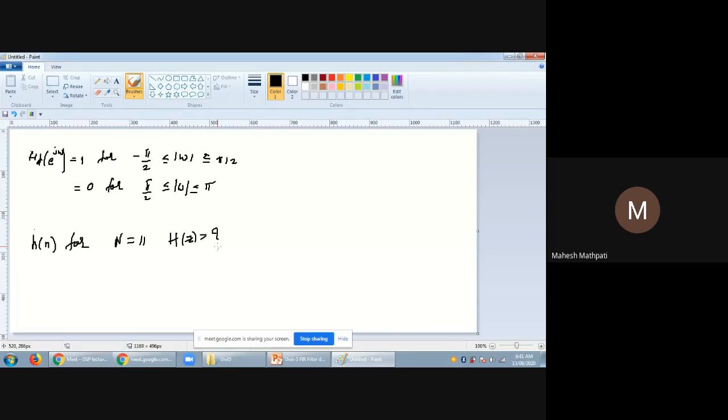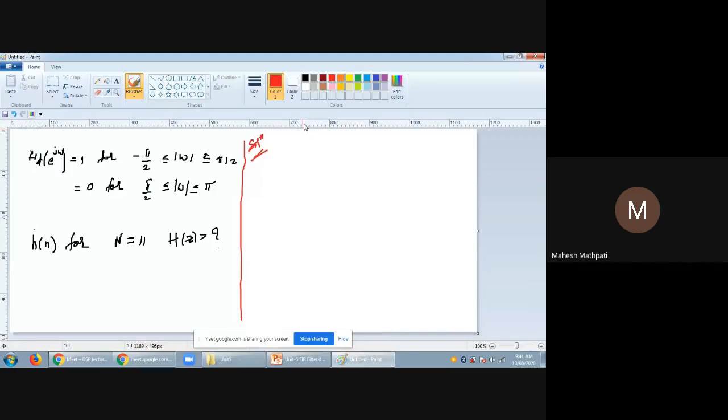So now here we can write the solution. This is our question. Can you plot this signal now? How do you plot this signal?